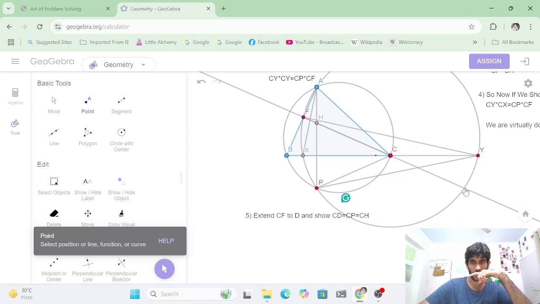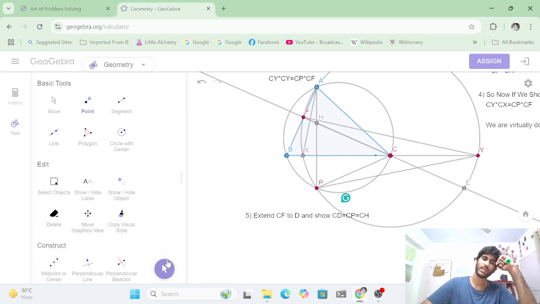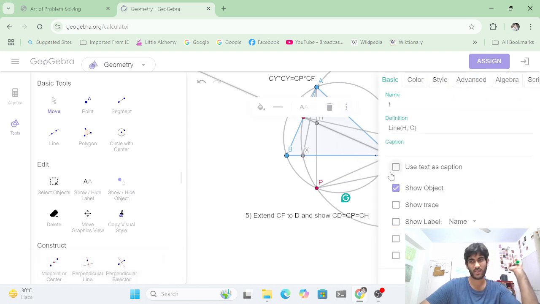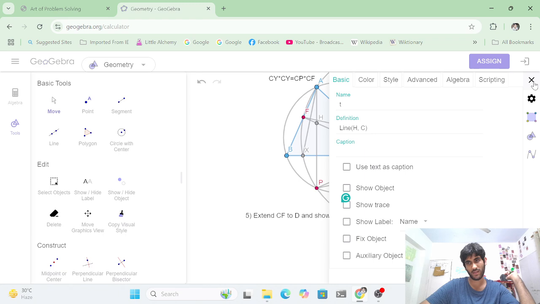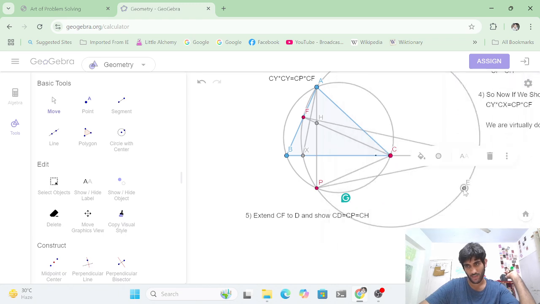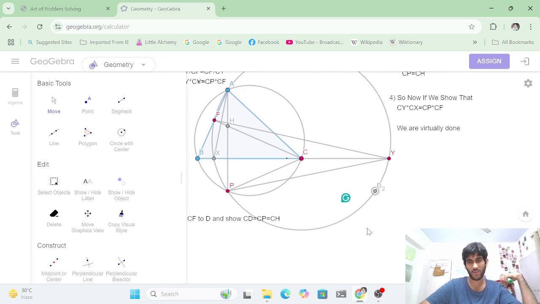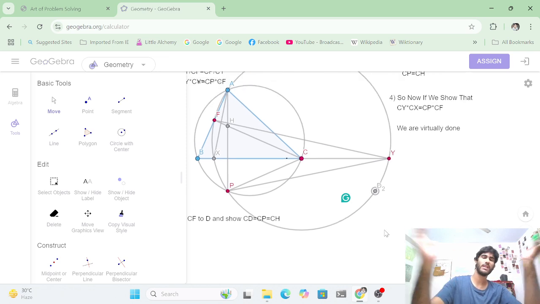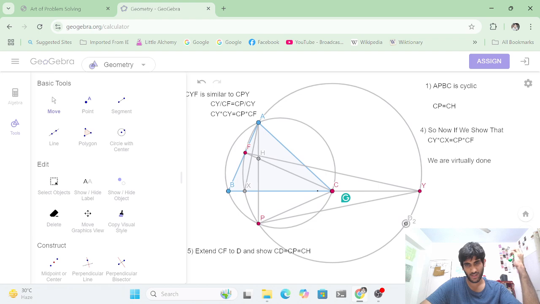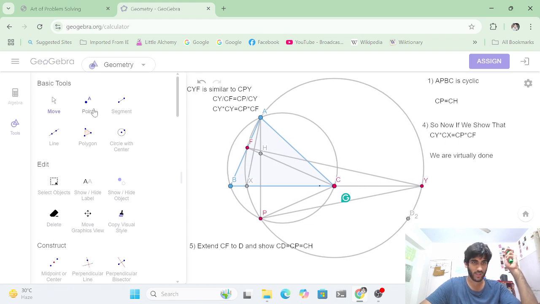The computer has given it the name E, but I think I gave it the name D earlier, so I'll just call it D. This is showing D2 because I think I overlapped, but D2 here means D. So please don't get confused.